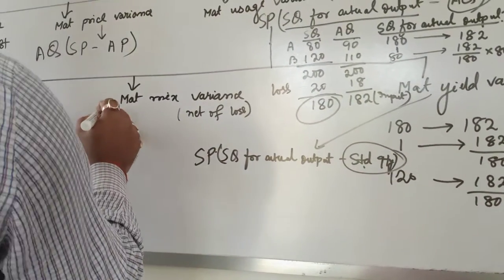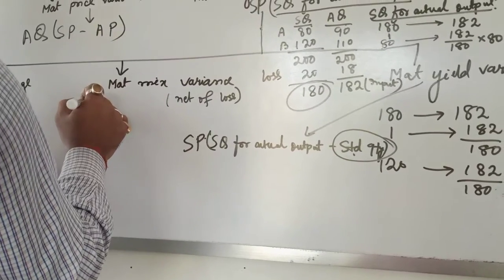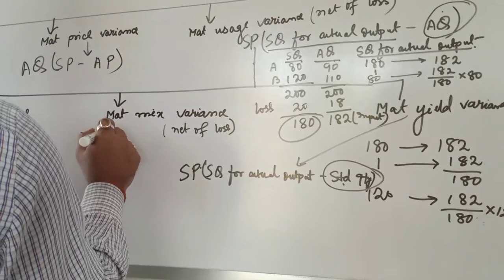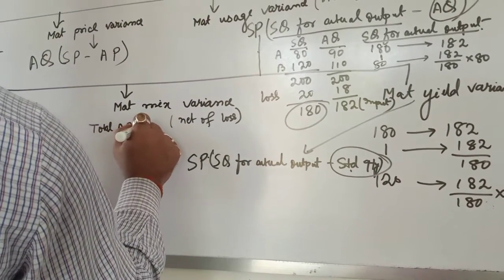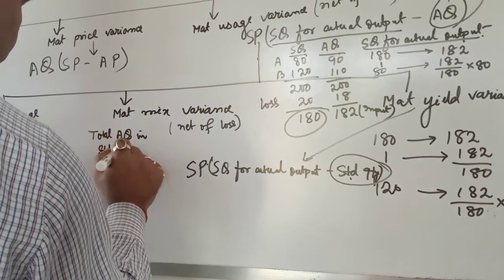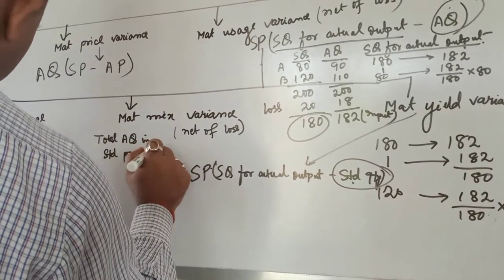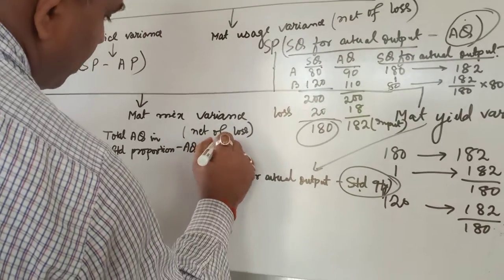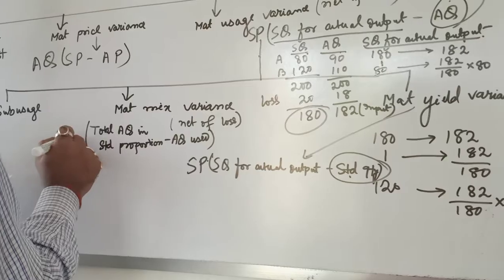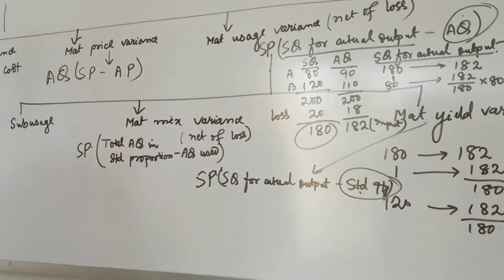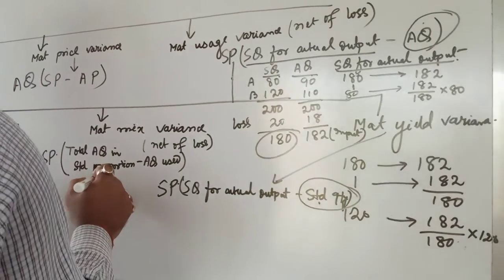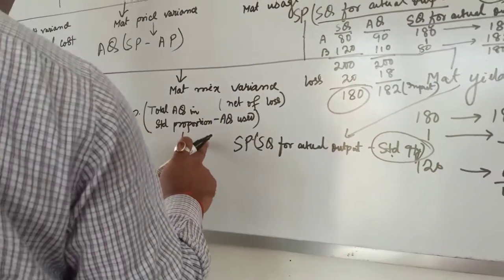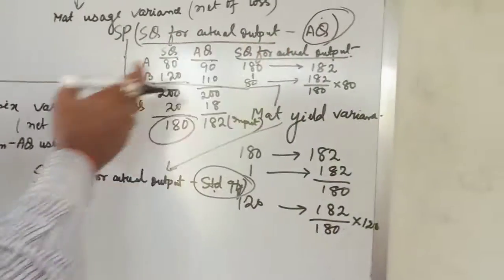In material mix variance, we take the total actual quantity in standard proportion minus the actual quantity used, multiplied by the standard price. How can we make the total actual quantity in standard proportion? The same unitary method we can use.